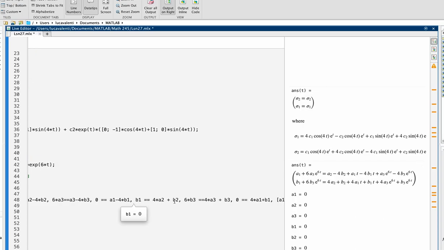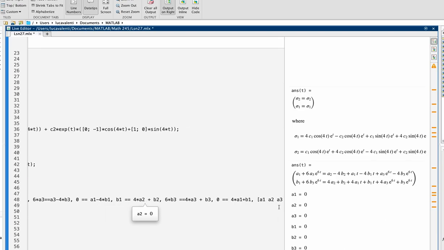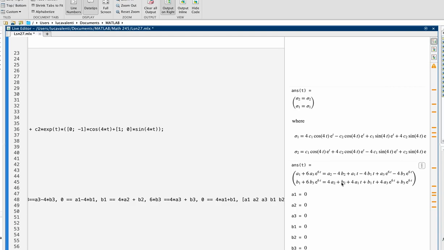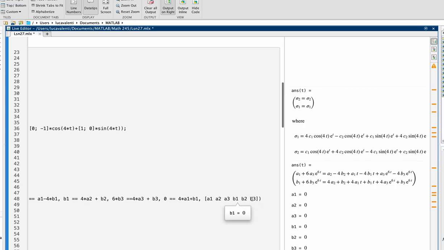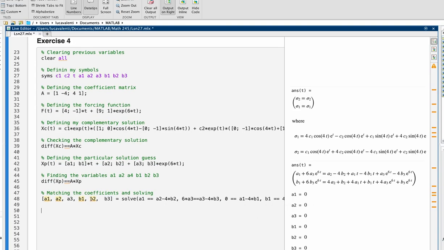Now we look at this one, and we see b1 should be equal to 4a2 plus b2. 6b3 should be equal to 4a3 plus b3. And then 0 should be equal to 4a1 plus b1. And we should have a1, a2, a3, b1, b2, b3.